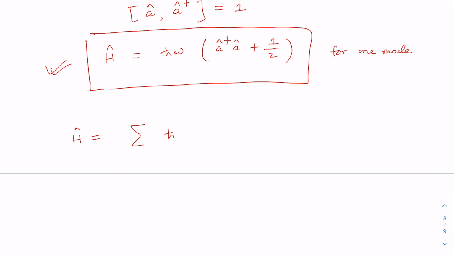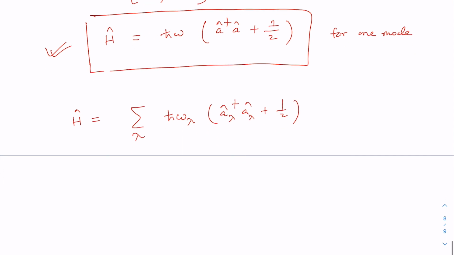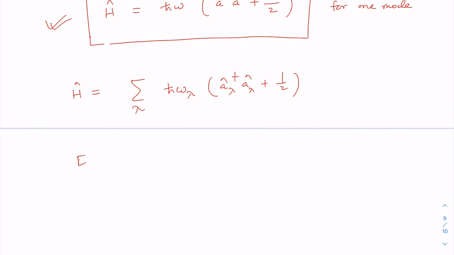If there are many modes, an infinite number of modes, for one particular mode we have h cross omega lambda (a lambda dagger a lambda plus half). Okay, and the corresponding total energy would be E equal to, you just have to add it up, h cross omega lambda (n lambda plus half). All these things should be very familiar to you.